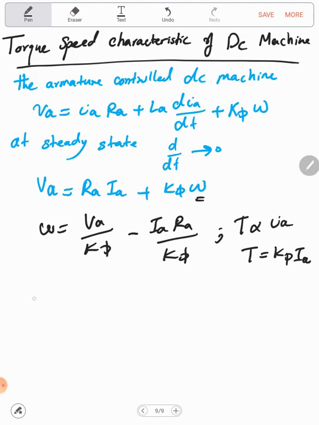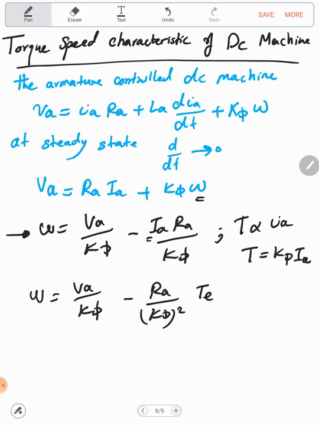So simply here we can write also omega as VA over K phi minus RA over K phi squared T. Now this is called the electromechanical characteristic, the relation between the current and the speed, and this is the torque speed characteristic, the relation between the torque and the speed. It's the same because the torque is proportional with the current.